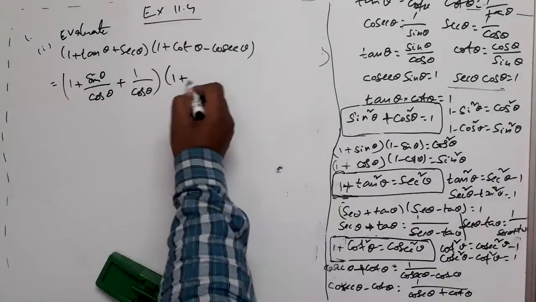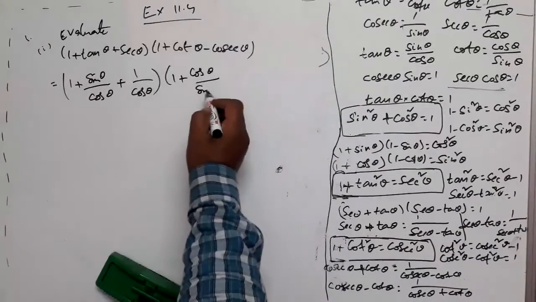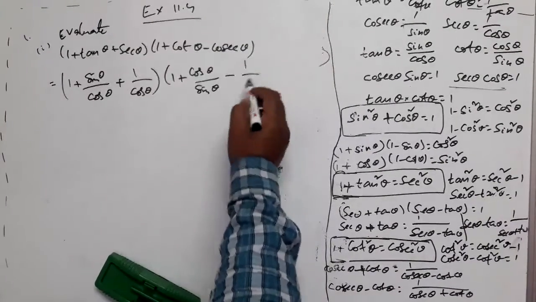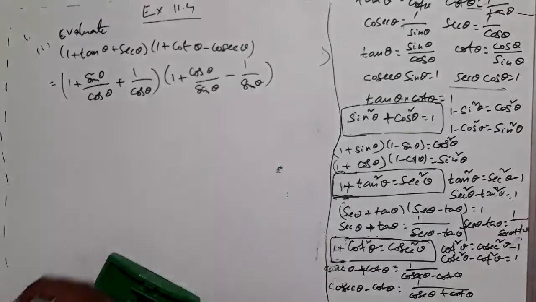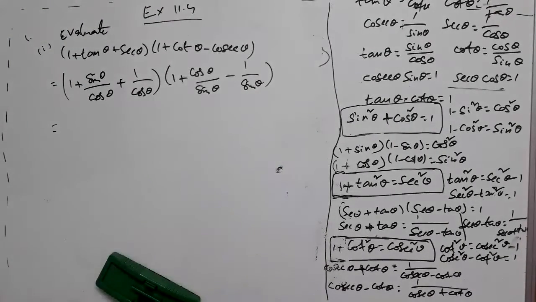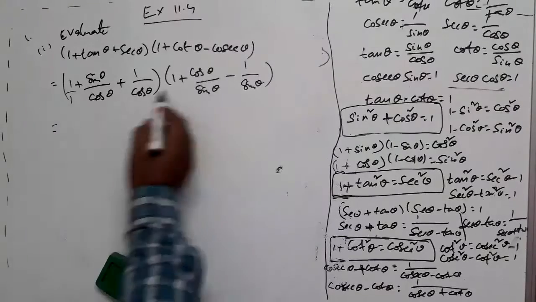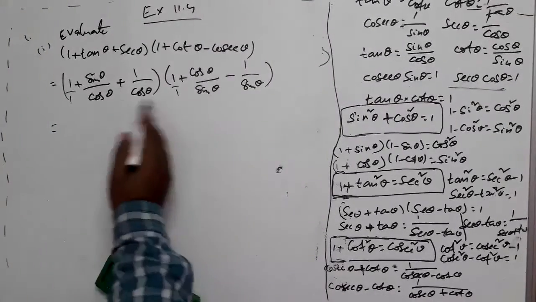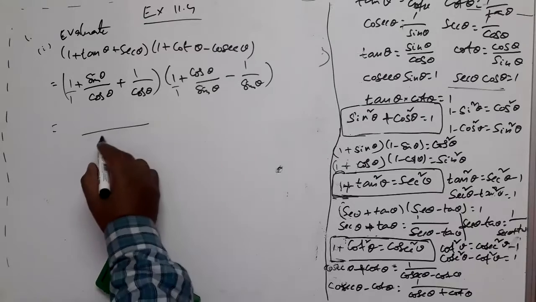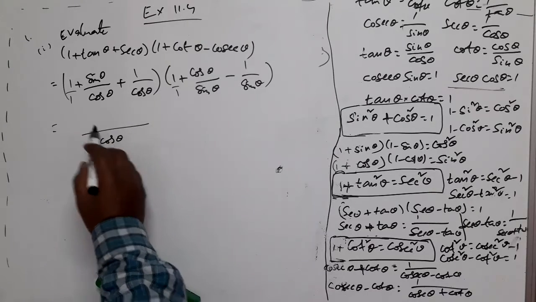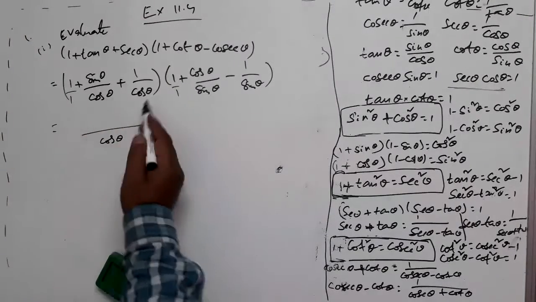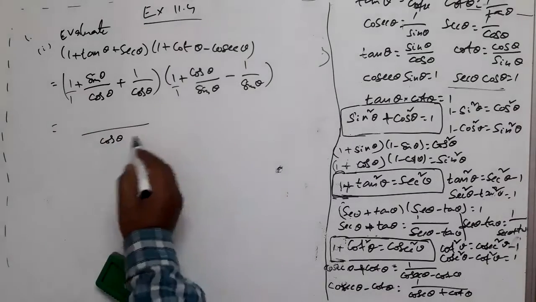Tell me, 1 plus cot theta is cos theta by sin theta. Cosecant theta is 1 by sin theta. Yes, tell me. How shall we proceed? Yes, this is seen as 1. What is the denominator now? LCM. Yes, LCM will be cos theta, or simply 1 multiplied by cos theta, that is cos theta.